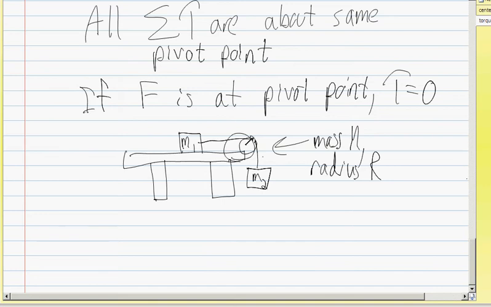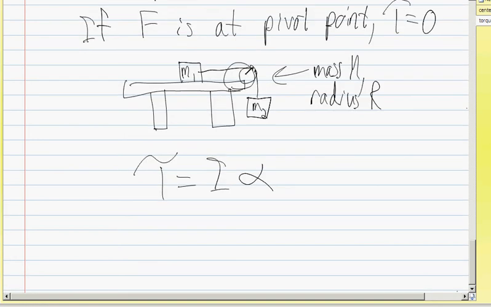So if we look at the torques on this, torque is going to equal I fish. And the torque in this case is going to be whatever tensions are acting on this. So it's going to be the pull of these two. These won't be exactly the same. They won't balance out because they're going to turn the wheel also. So there's going to be some additional motion that we're going to have to consider.